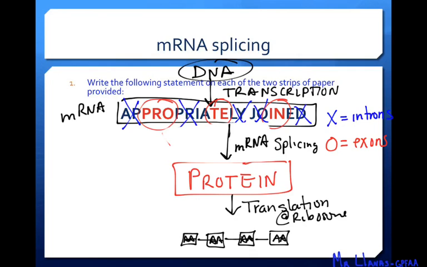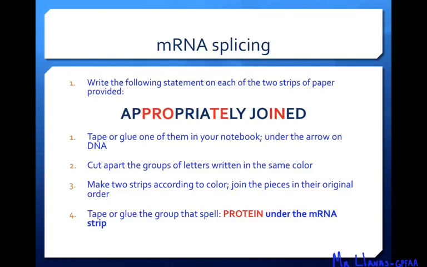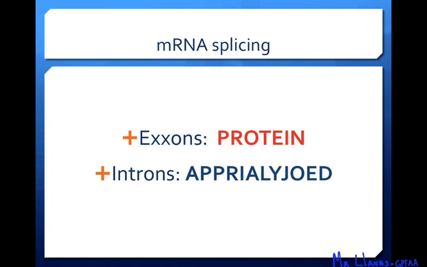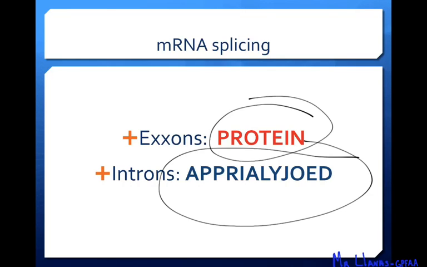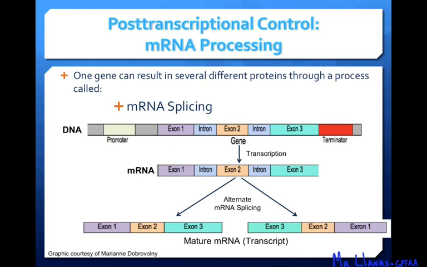It's just taking out the introns, leaving the exons in there, and coding for what we know as proteins or polypeptides. Again, exons were the letters that made protein. Introns were the other ones that made no sense and they were taken out. Now this is another example. Again, you see the DNA here.